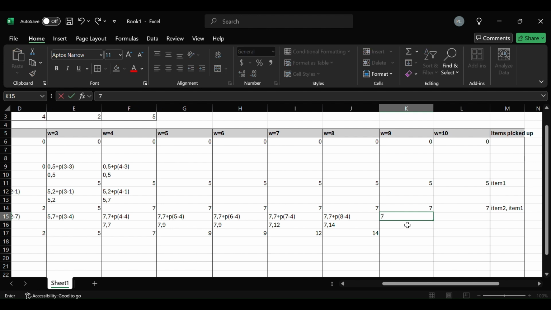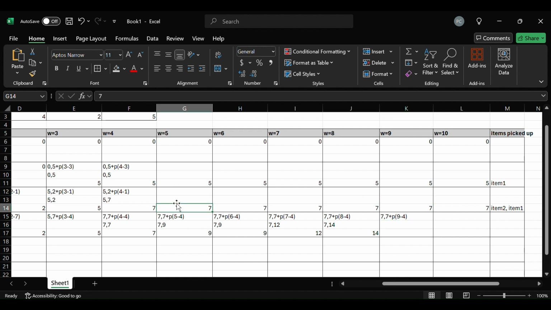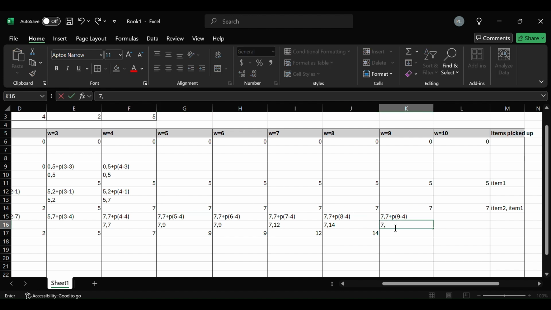Here, did not pick up 7. Pick up 7 plus the profit of the remainder, 9 minus 4. So 7 plus P of 5, go up, go to P of 5. 7 plus 7 is 14. Right, so 7 versus 14, pick up, so 14.